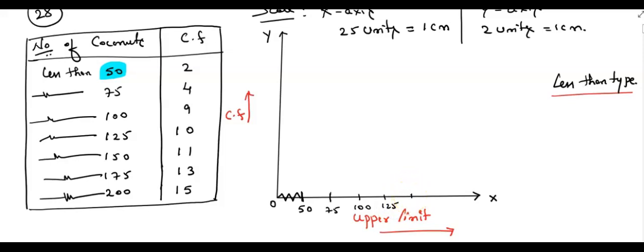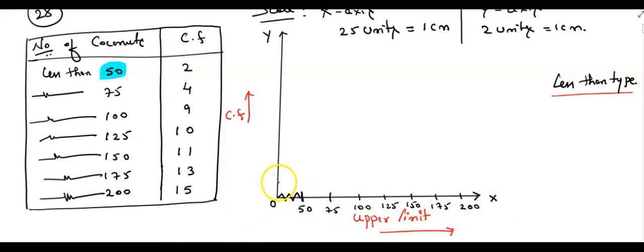Then 150, but you have to take accurate scale. Then 175, and then my next centimeter is 200. This is 1 centimeter, 2, 3, 4, 5, 6, 7. So these are the values you need to take.